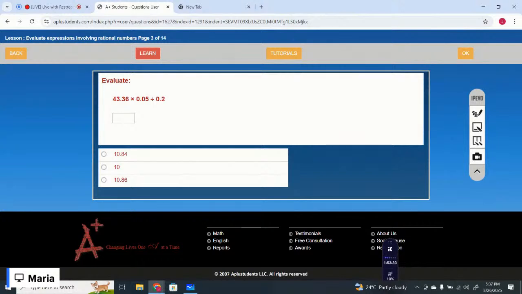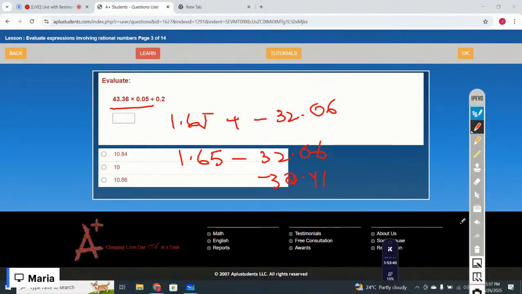43.36 times 0.05 divided by 0.2. So going from left to right, we have to multiply first, right?